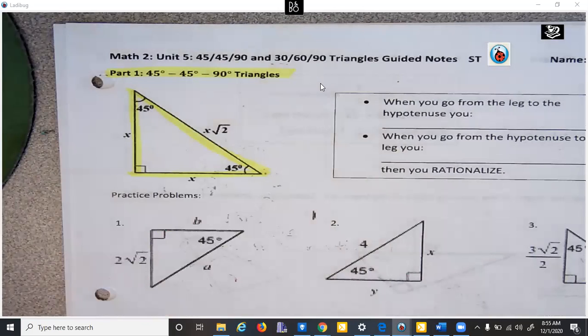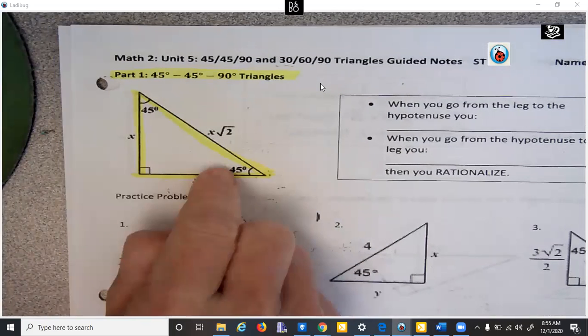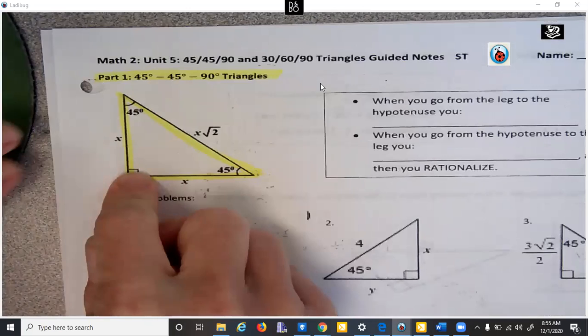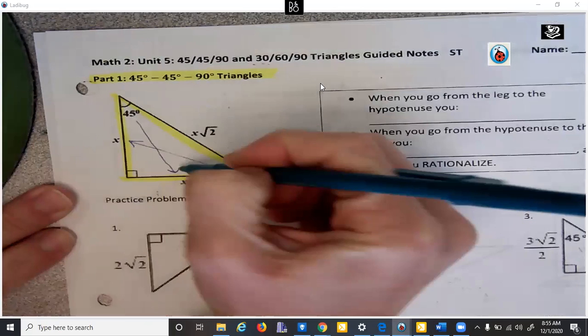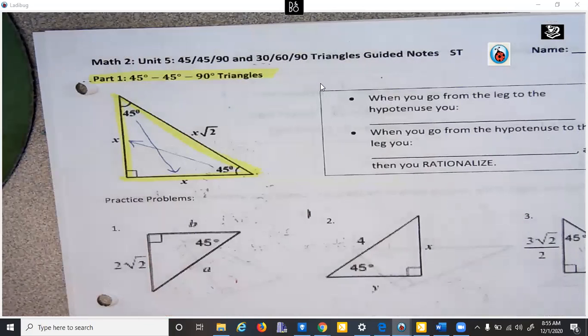In a 45, 45, 90, these two sides are the same. And that makes sense. Why does it make sense for those two sides to be the same value? They're the same angle. Yep, because they're across from the same degree angle.